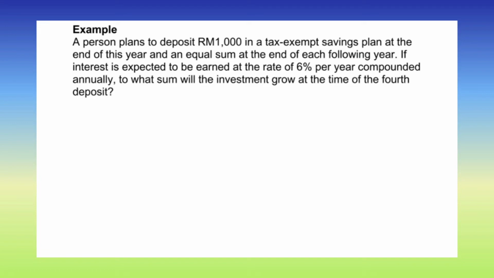First, we have to list down all the information given. We have R equal to 1,000, J equal to 0.06, M equal to 1, therefore I equal to 0.06, and then N equal to 4.